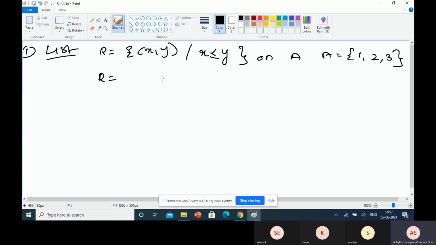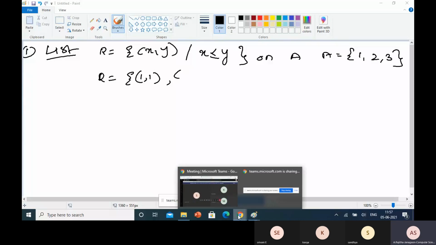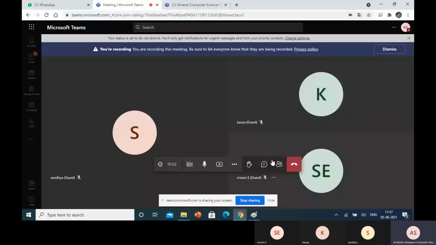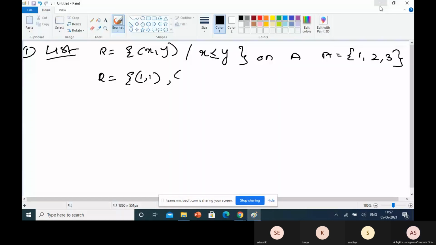Means 1 comma 1, then next 1 comma 2 and 1 comma 3. Coming to 2 comma 2 and 2 comma 3.